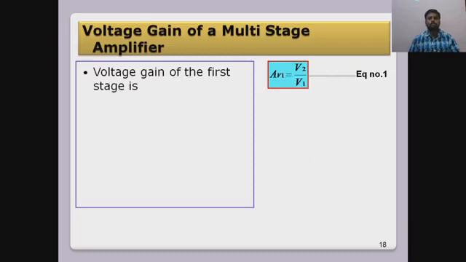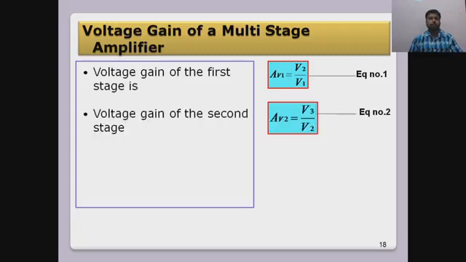The voltage gain of the multi-stage amplifier. How do we need to calculate it? The voltage gain of the first stage is given by AV1 equal to V2 by V1. That is, the input is V1 and the output is V2. And for the second stage, V2 is the input of the second stage and V3 is the output of the second stage.